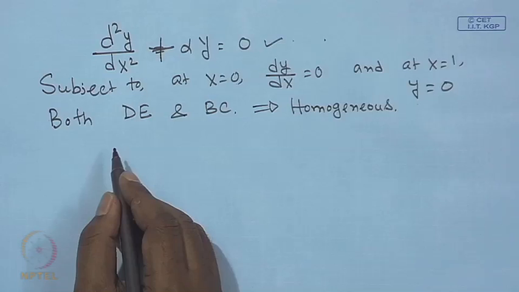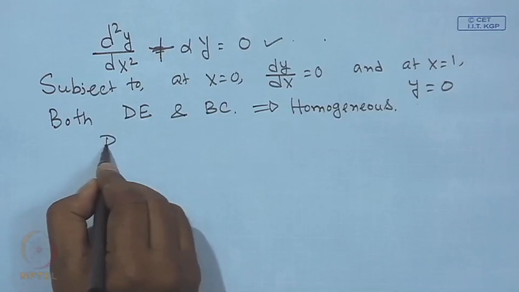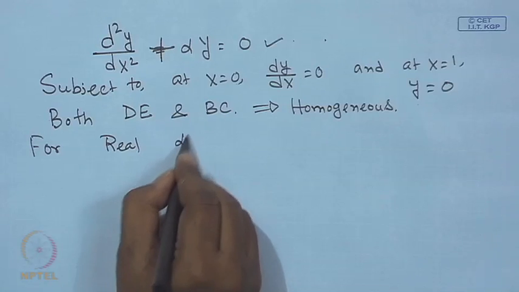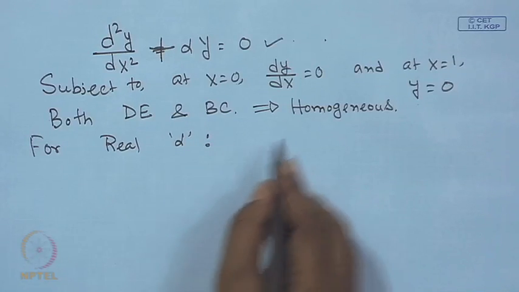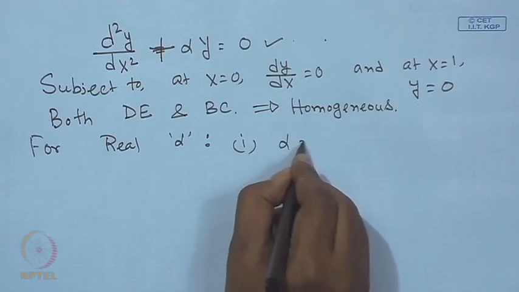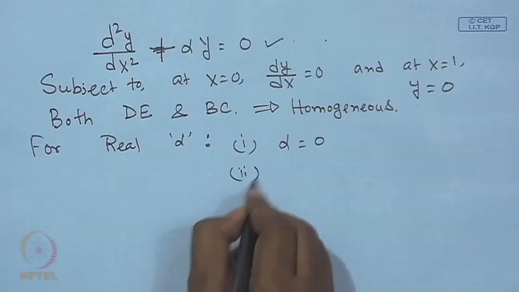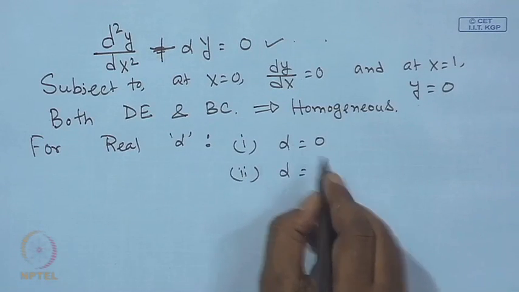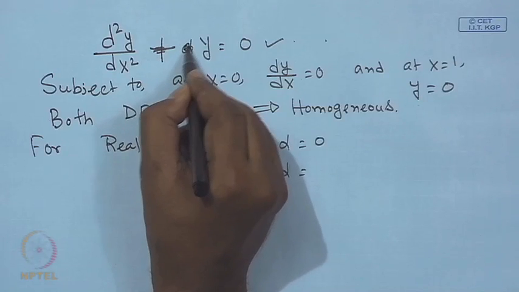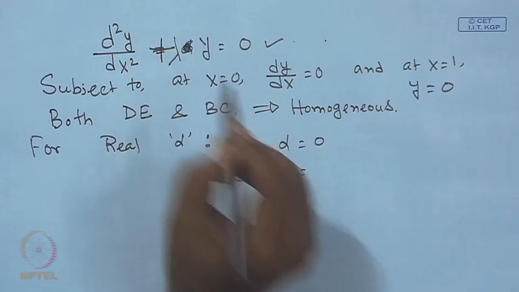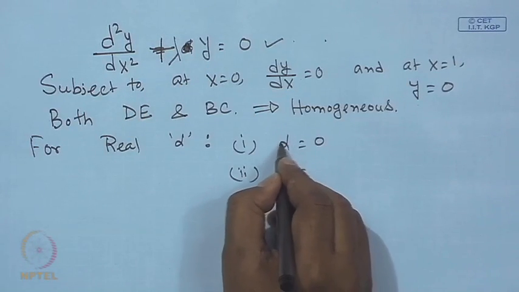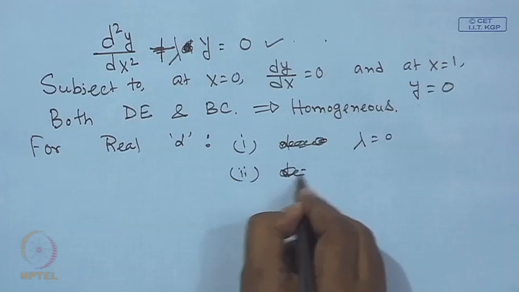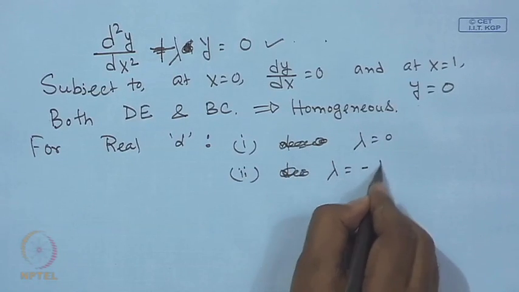So, there will be three options for real alpha. For real values of alpha, there will be three cases. Case 1, lambda is equal to 0. Case 2, lambda is negative, lambda is minus alpha square.